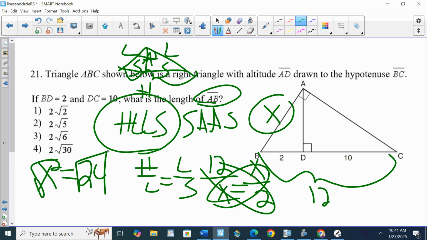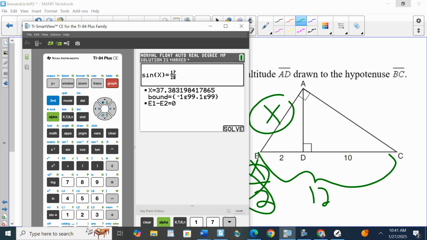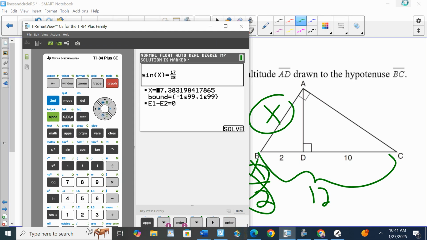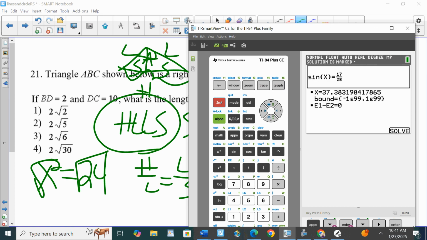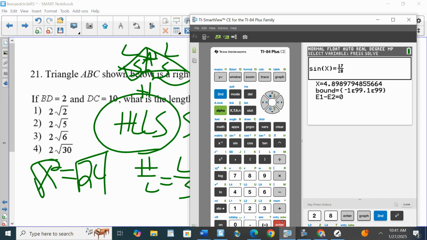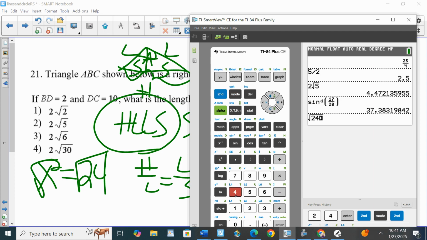Square root. Two options. Option 1, you reduce the radical. Yeah, don't feel too confident in that. Option 2, I have radical 24. So I go radical 24.